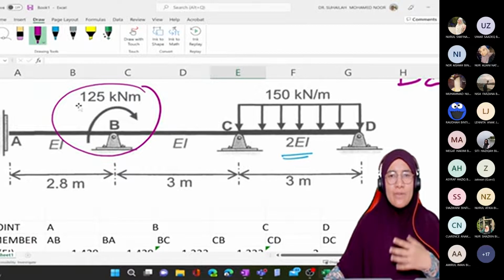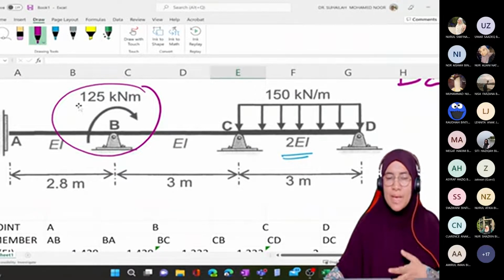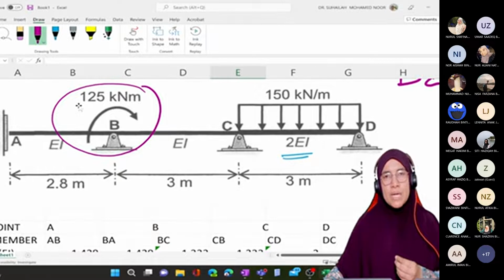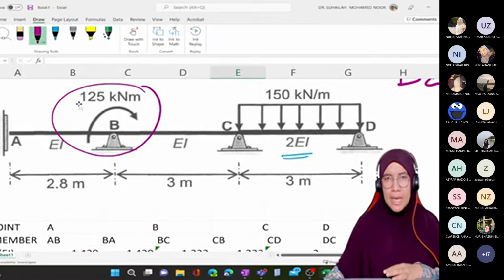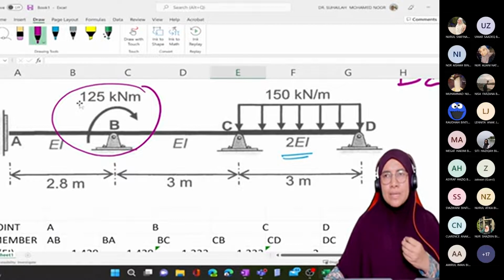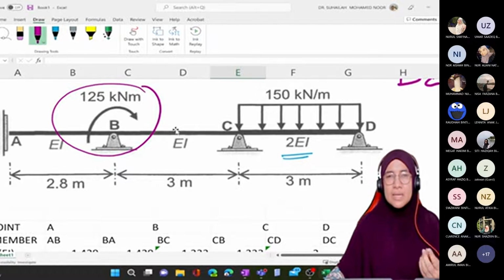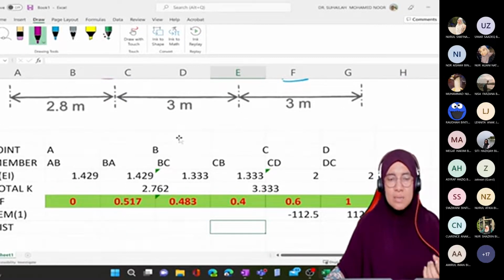We don't have FEM for AB and BC, but we have an applied moment subjected directly at joint B, and always remember that the moment that we distribute is the joint moment. So under distribution we have to distribute this moment. It doesn't matter how you put it in the table, but you have to distribute the moment.